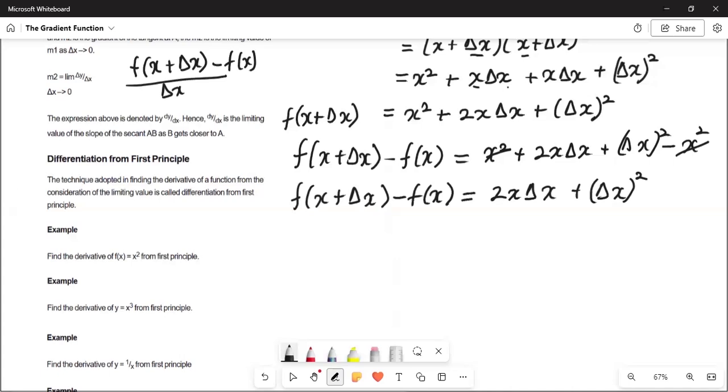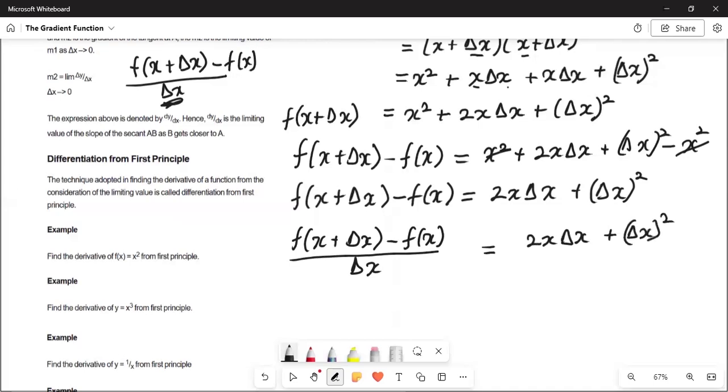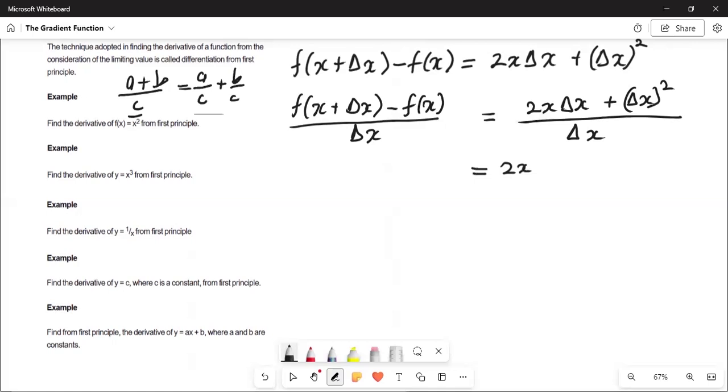So the next thing now is to divide both sides by Δx, so that we can arrive at something like this. So [f(x + Δx) − f(x)] divided by Δx is equal to [2xΔx + Δx²] divided by Δx. Since Δx is common to both of them, let's factorize it out.